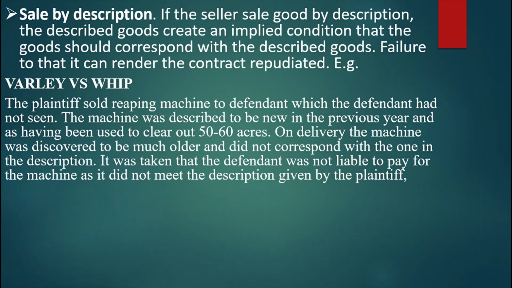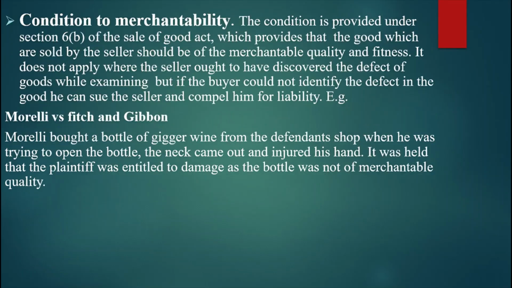So this case involved Varley and Whipp, where the plaintiff was claiming payment from the defendant after selling him a reaping machine, which the defendant had rejected, since it did not correspond with the one described as one year old.